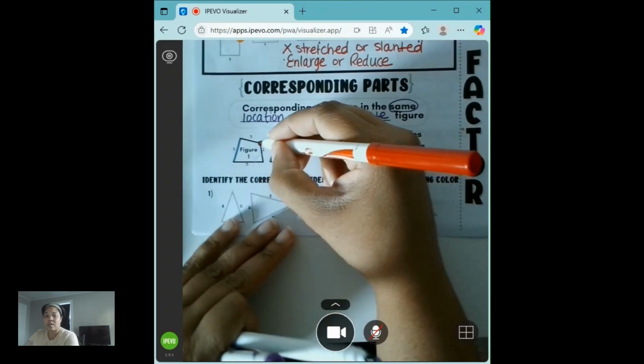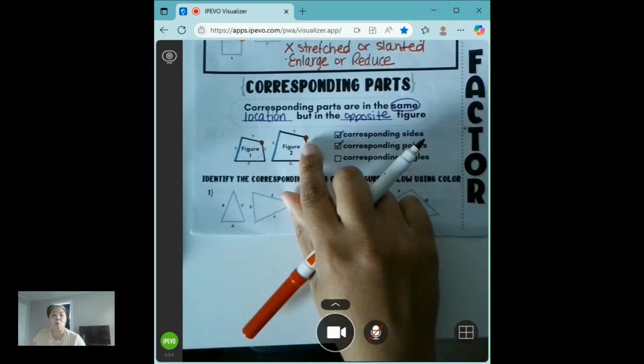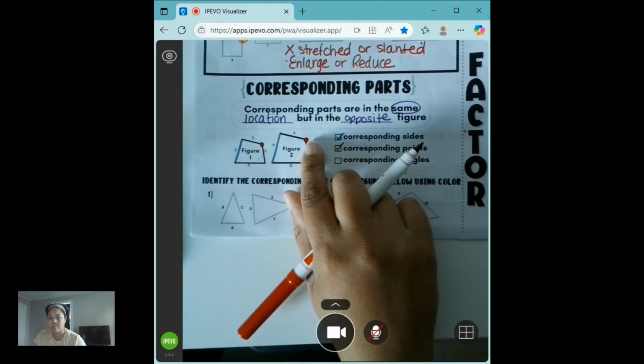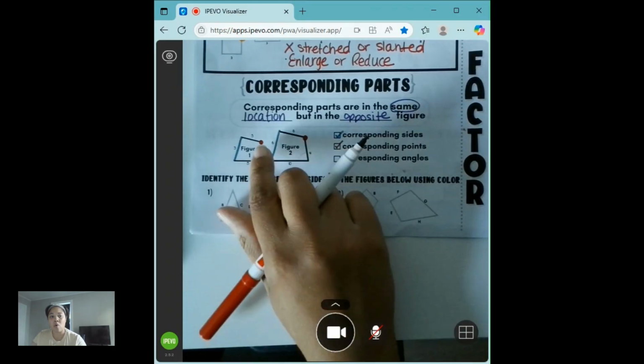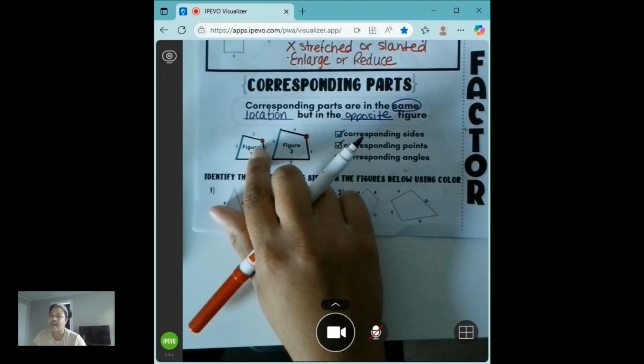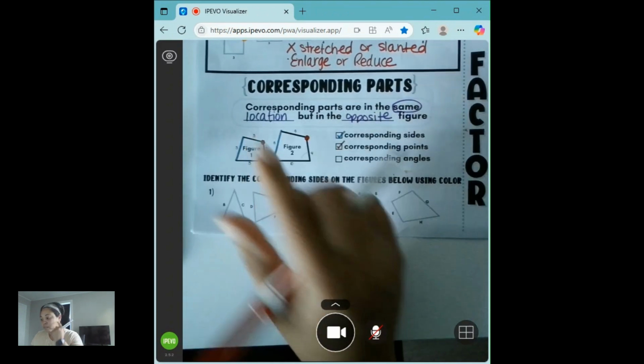This is on the top right corner of the shape. That means its corresponding point is also on the top right corner. You cannot say this is one point and then down here is a corresponding point to that. That cannot be correct. It needs to be in the same location.